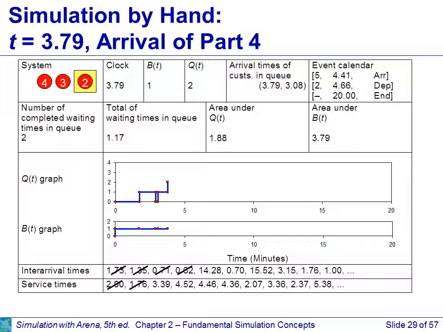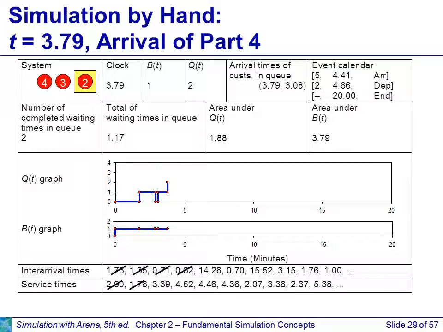So the area under QT here is basically this area here, plus this part here. And so we got 1.17 that we waited before, plus this additional time, which is the inter-arrival time between the two parts.